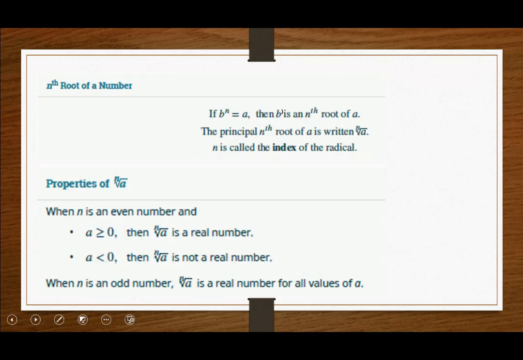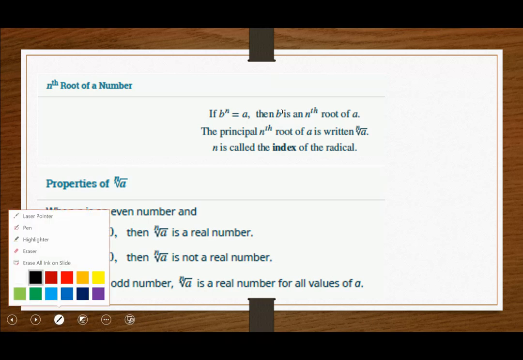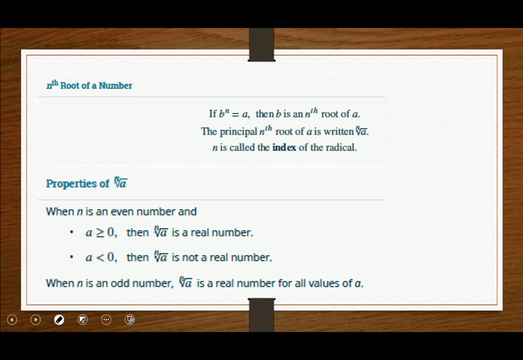Let's expand on our definition of the root, though. I mentioned a little bit earlier that we can actually take the root of things other than just square root values. And so we can generalize our definition that we used earlier. We said that if we can take some base value and raise it to the second power, and then square root the new number we create, we would find the original base.